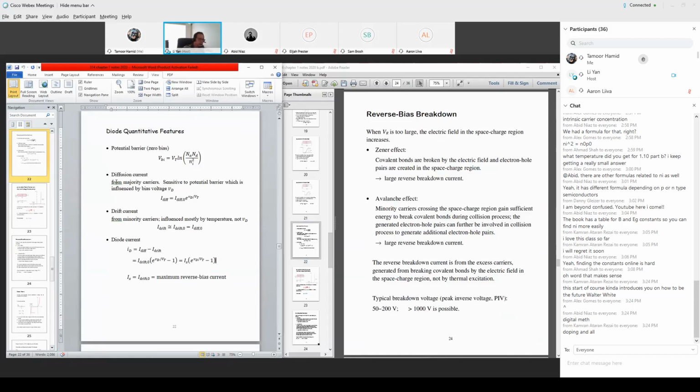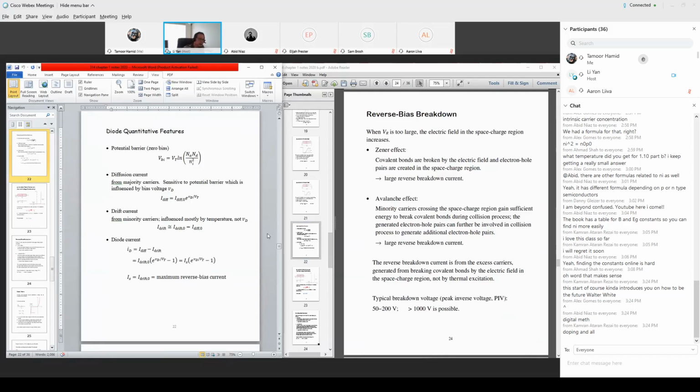Diffusion current comes from the majority carriers. When you have a positive bias voltage, this term can shoot up exponentially, very high. So for forward bias, this term is very large, so you have a large diffusion current, coming from the majority carriers.